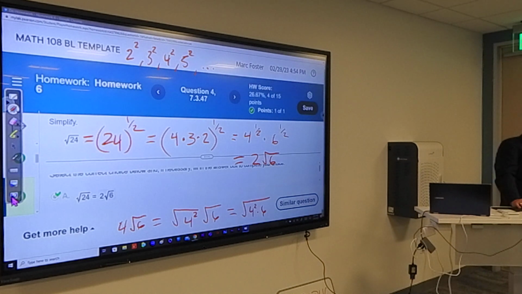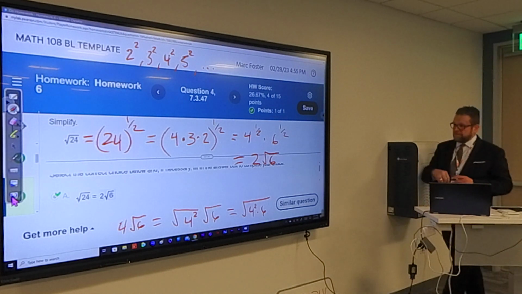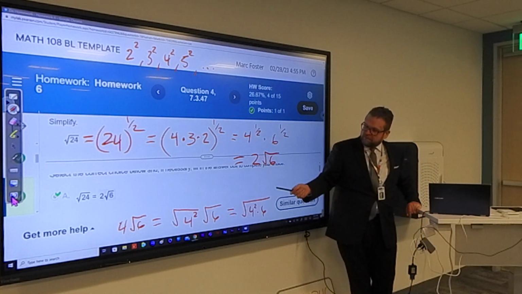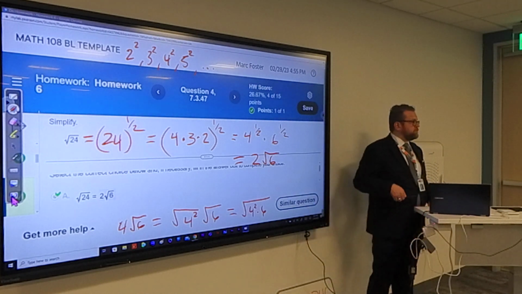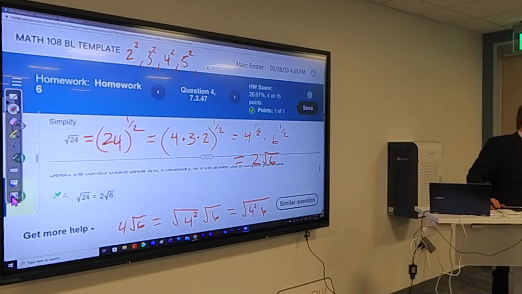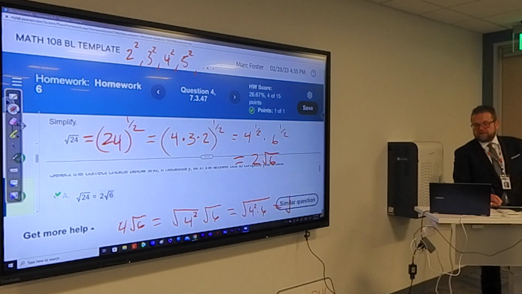You would have had to have a 4 squared under the radical, because the square root of 4 squared is 4. It would have been 16 times 6. So it would have been 96. This is square root of 96.